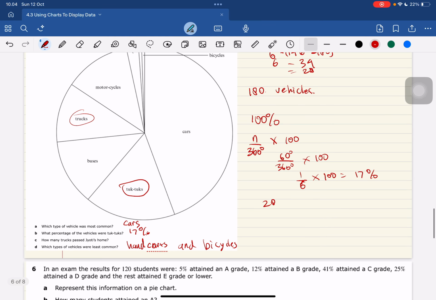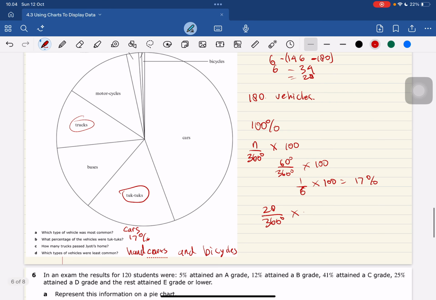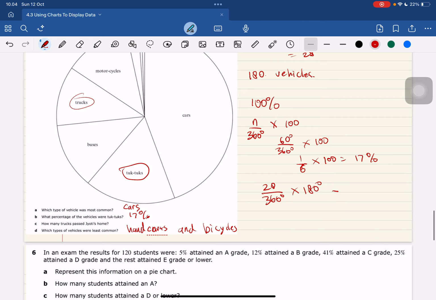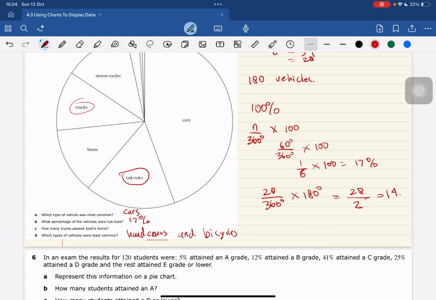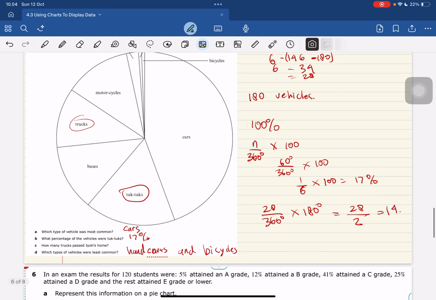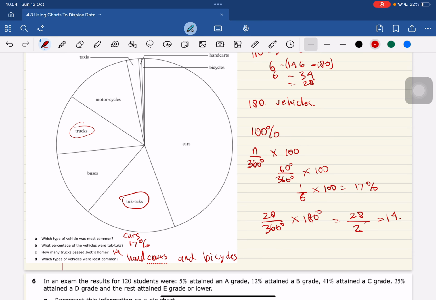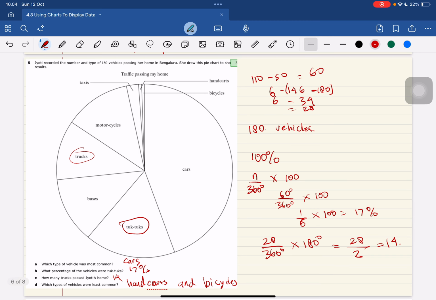So this is 28 over 360 degree. We multiply with 180 degree. So it's gonna be 28 over 2, because we simplify it, it's gonna be 14. So this is just approximately 14. So we need to use your protractor to know the angles of each.